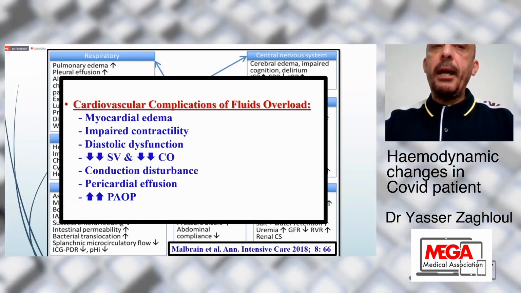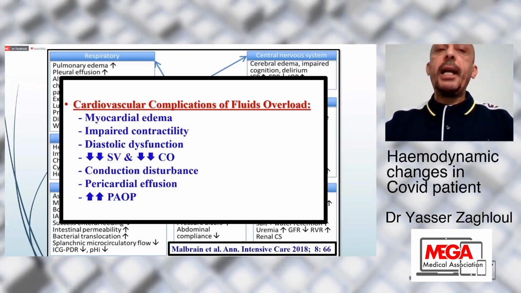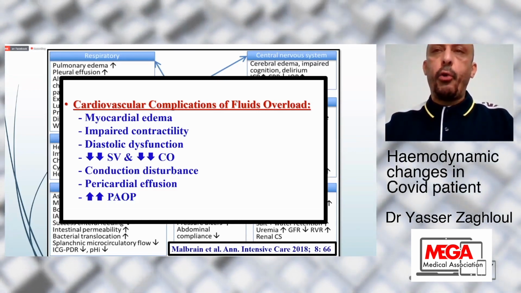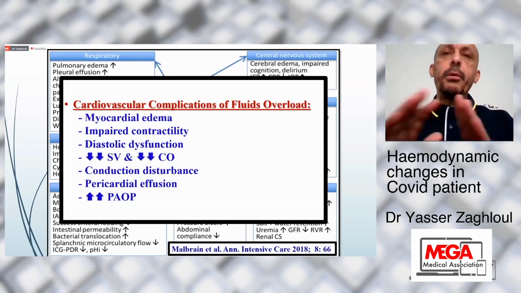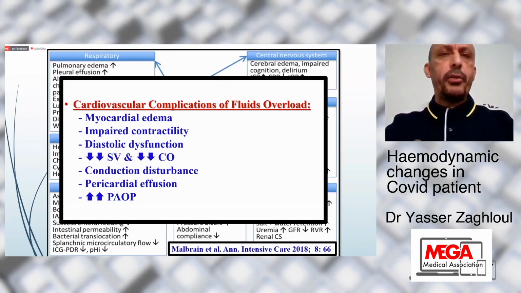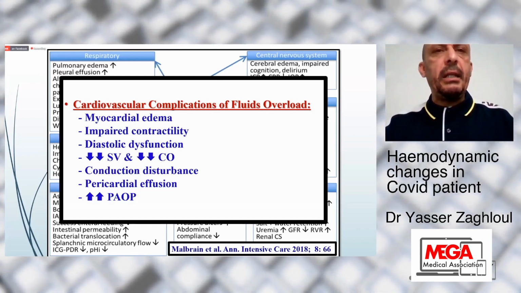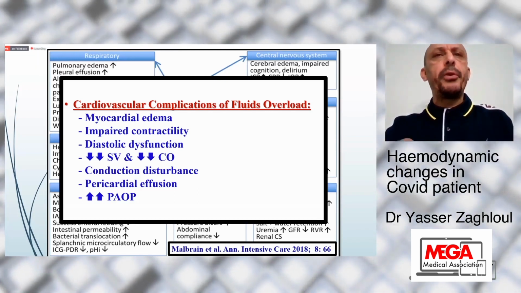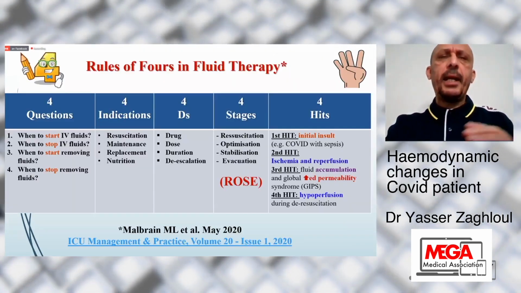Conduction disturbance may happen, pericardial effusion, and increased pulmonary occlusion pressure. So as you see, all the articles and all the resources focus on conservative management because of its bad effects.